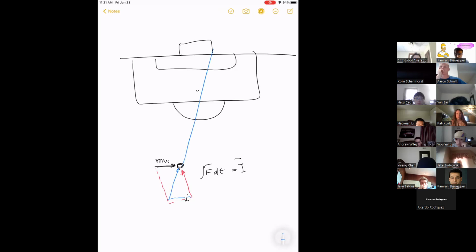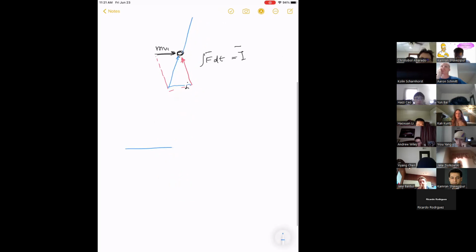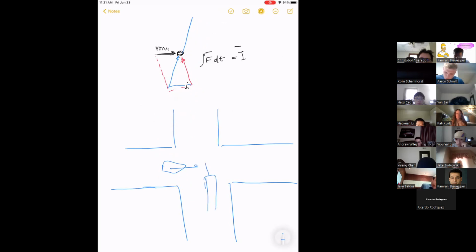Another example, if you go and watch YouTube, there are a lot of videos about stupid accidents happening in the streets. If this is a street, people sometimes come carelessly to the traffic light. So one car comes here, the other car comes here, right?